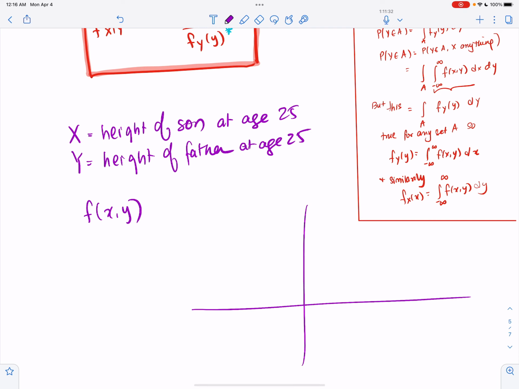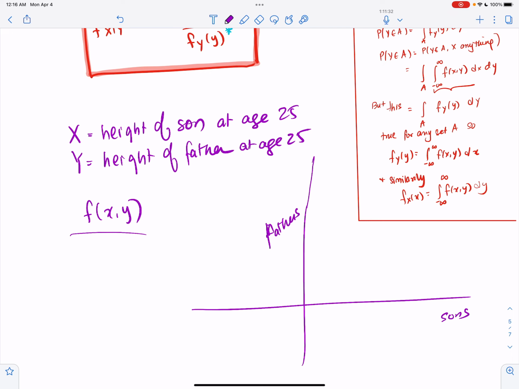You can have the son's height on this axis, the father's height on this axis, and there's some density over here. You can think of the density as this two-dimensional function on x, y. And if you want to think about the height of it, you can think of it like a blanket over this plane. Okay? So obviously this has some density.